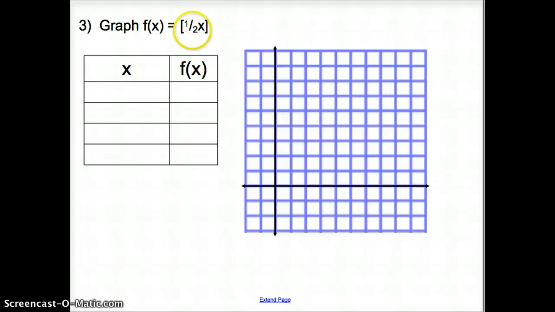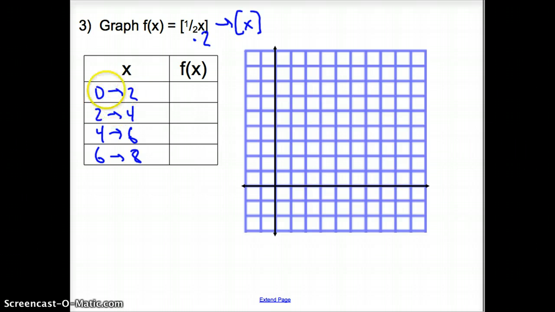Now looking at 3, now we have 1/2 x. Remember, we want it to look like that. So what do we have to multiply it by? We would have to multiply it by 2. So now our steps are going to go in intervals of 2. So we have 0 to 2, 2 to 4, 4 to 6, and 6 to 8.